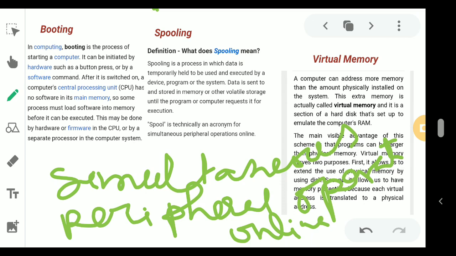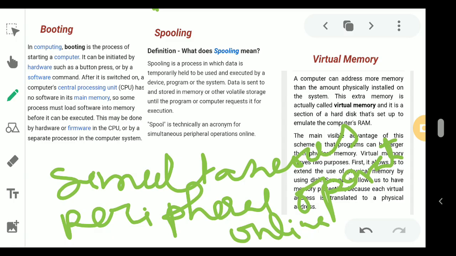If the main memory doesn't have a sufficient amount of free space, then the process needs to wait, because only when that much memory is free can we load this process.